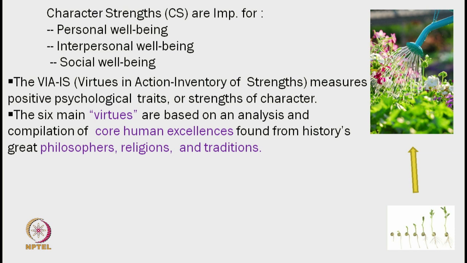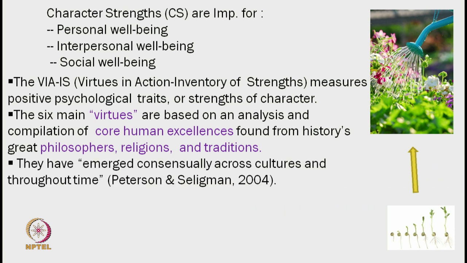The 6 main virtues are based on an analysis and compilation of core human excellence found in history's great philosophers, religions and traditions. So, they are saying that they have borrowed these 6 virtues as core human excellence from philosophers' work, from religion, from traditions, and they could apply anywhere.